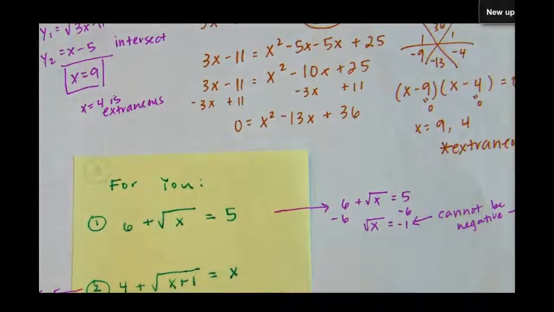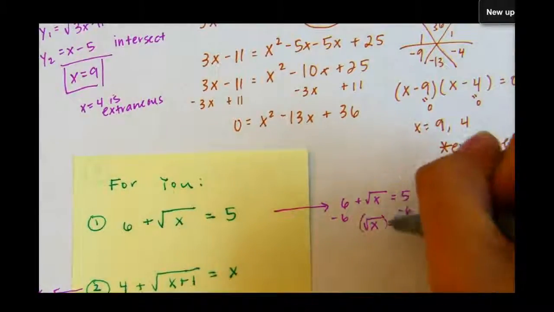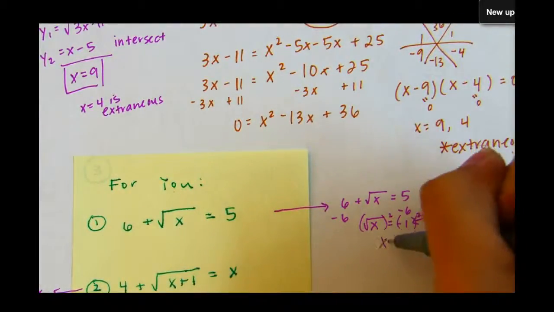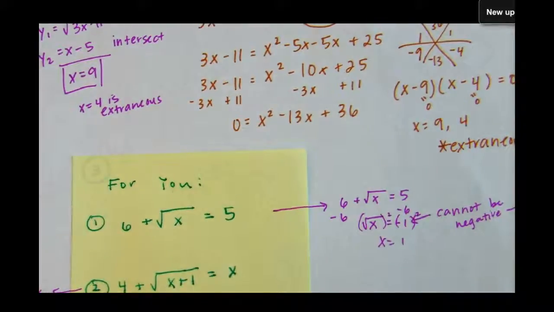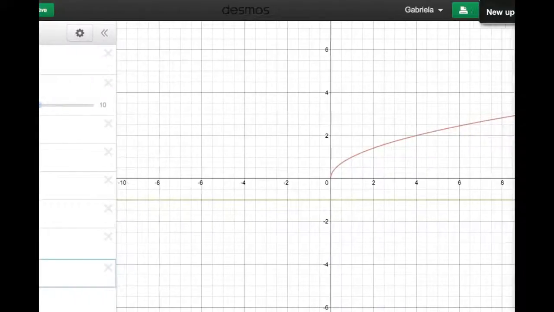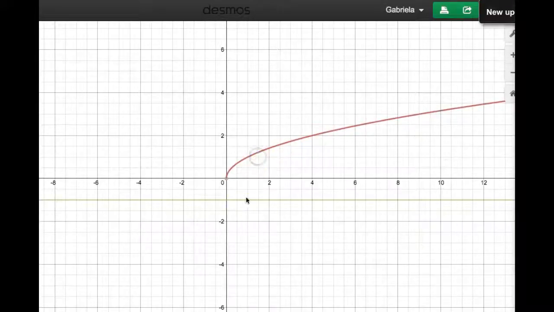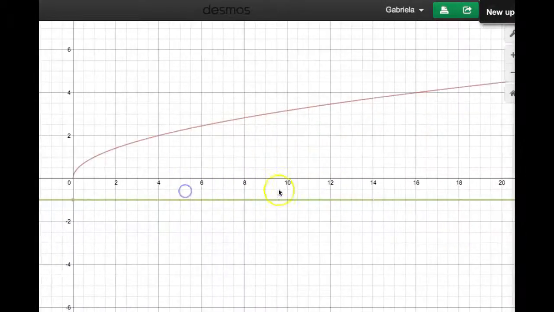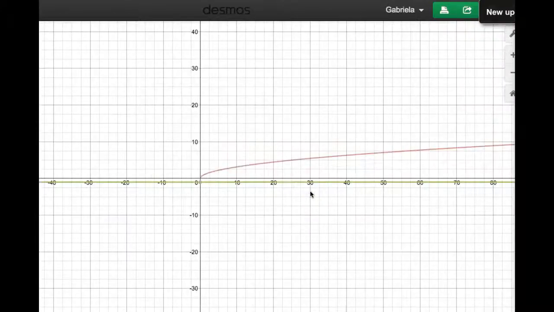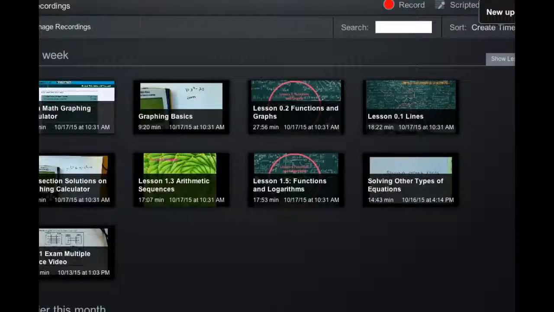So even if you went through and you solved, so you squared both sides, and you got x equals 1, you should have seen that when you graph that set of equations, and I'll go into Desmos here, you've got your square root of x, and x equals negative 1 down here, and they're never going to touch. No matter how far you zoom out, these two equations are never going to line up or intersect.